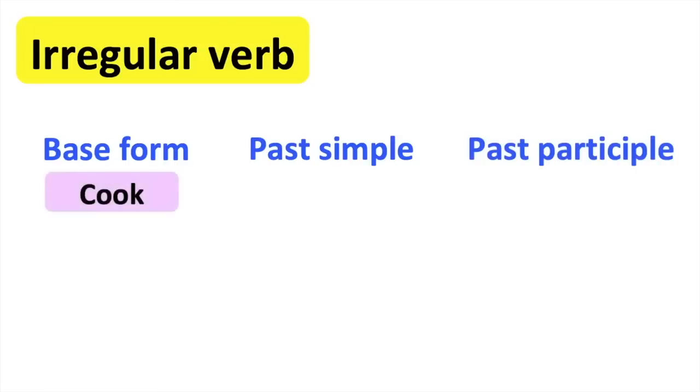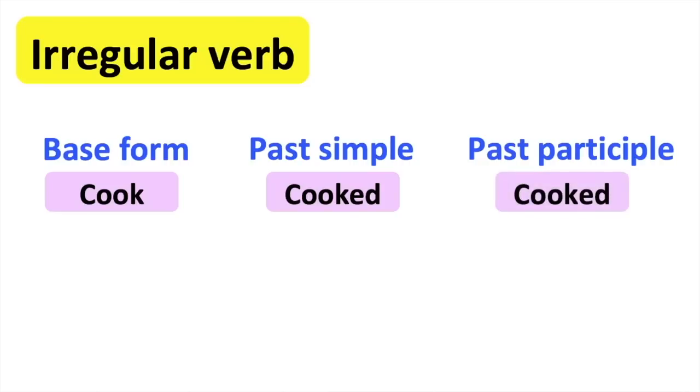Cook is the base form of the verb. The past simple form is cooked. As you can see, we have added ed to the end of the word. The past participle is also cooked. Therefore, this is a regular verb. This rule doesn't apply to the verb go.